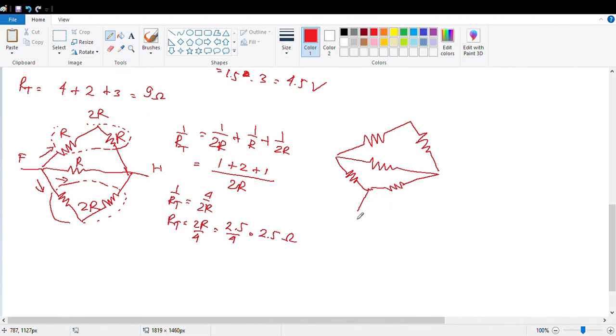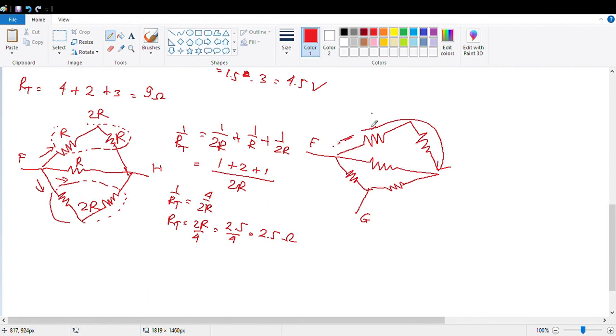Pass through this, F and G. Okay, so this is still the same because you see how the current flows like this, parallel with this one.